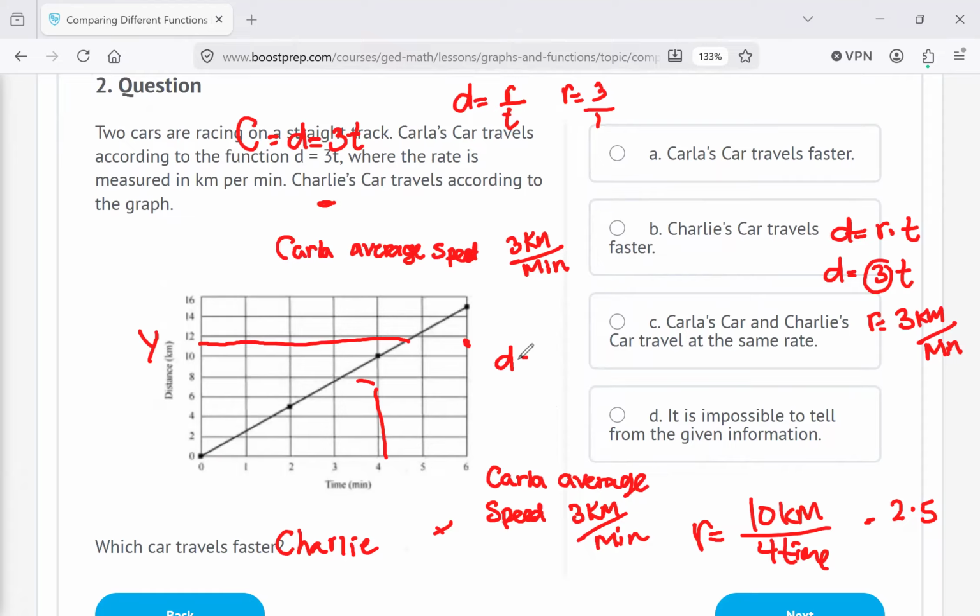So we know that distance is rate times time, and you can either isolate r first or you can plug in a value. So if you look at the table, let's see.